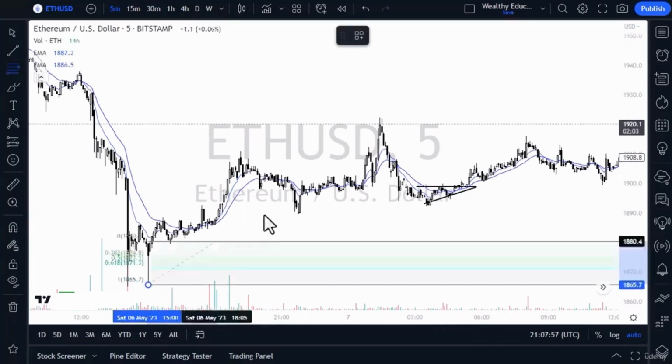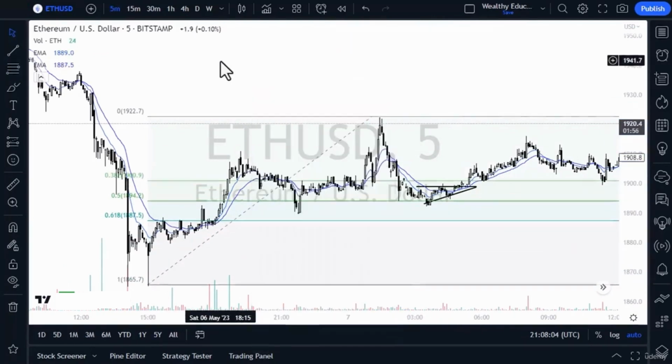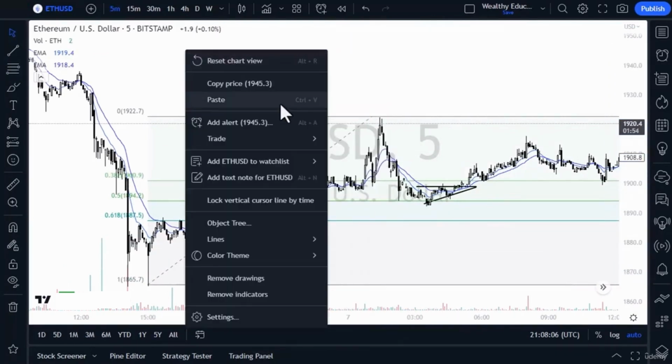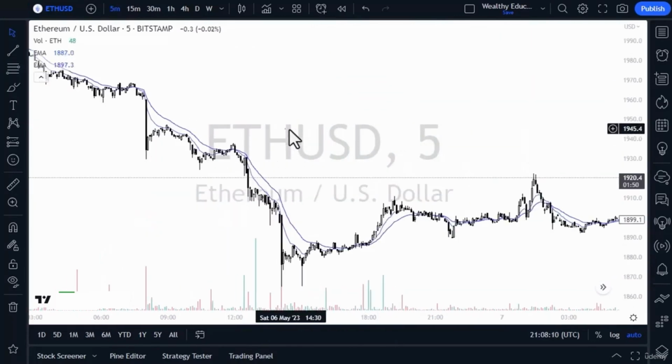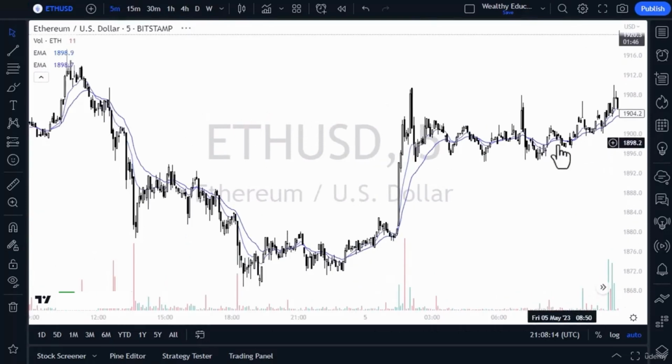But looking at this fib, you can see that the 50% is right where we started to bounce and form. And on top of that, you could make an argument for a longer term double bottom. So that is a feasible setup there.